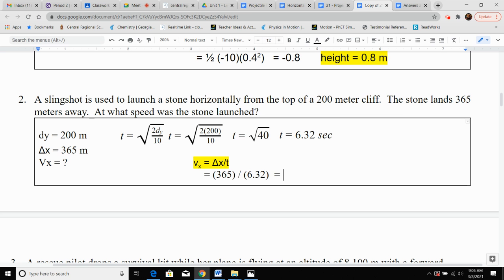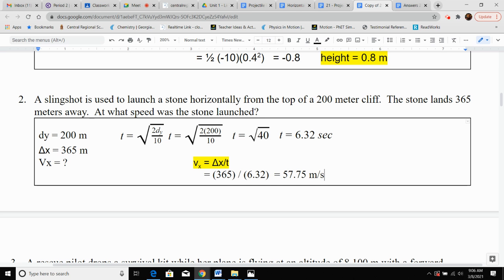So 365 divided by 6.32. And this answer comes out to be 57.75 and change, but we're going to just cut those off. And the unit for velocity is meters per second. Roughly 129 miles per hour.